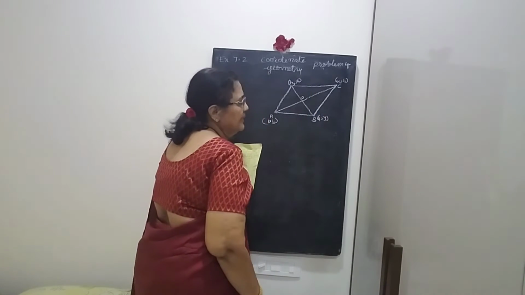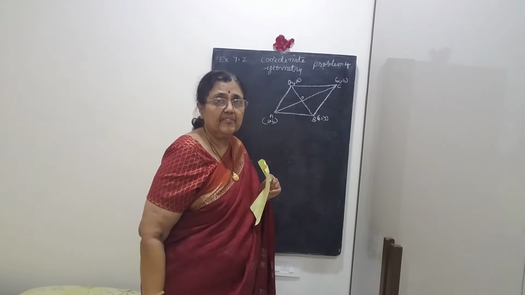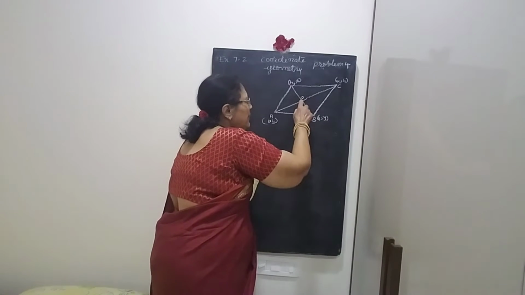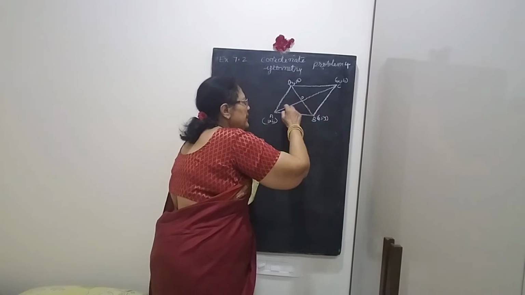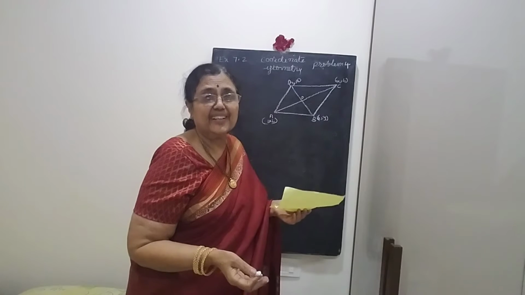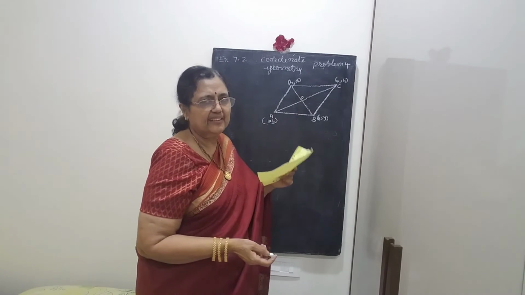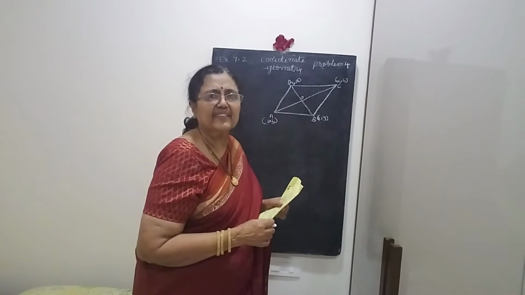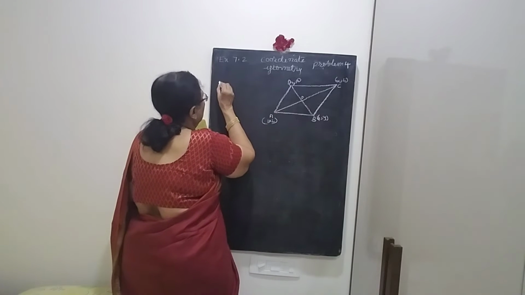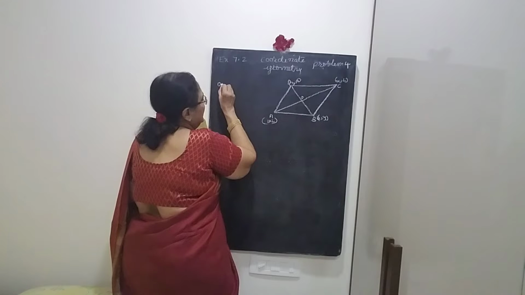You know that the diagonals of a parallelogram bisect each other. Bisect means this is the midpoint of this and this is the midpoint of this, so their coordinates should be equal. Using that method we are doing it. That's very easy and you can find out easily. So you take O(x, y).